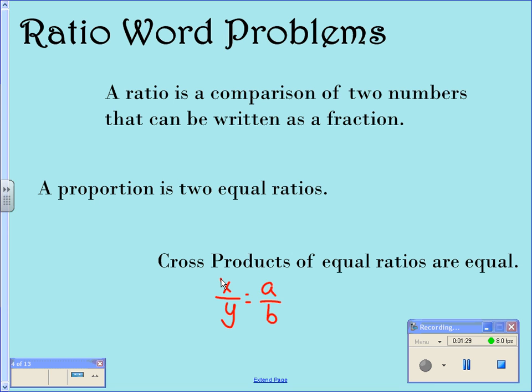How would you simplify this? You can do what? Cross products would be what? AY equals BX. Does that make sense? Any other questions?